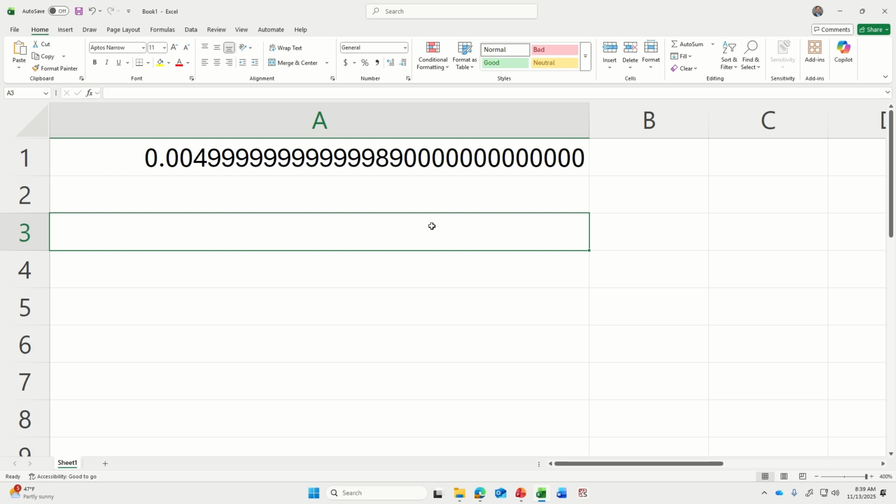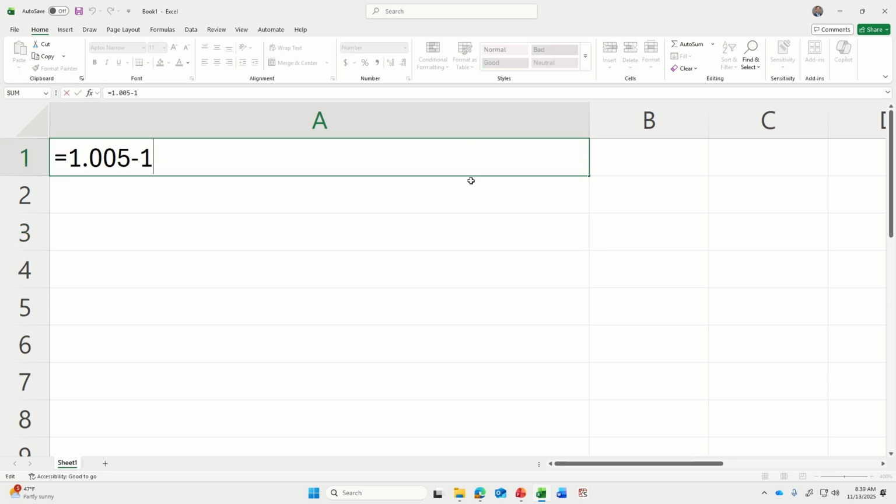But the reason for this, the reason why Excel gets this wrong, is because the number 0.005 is not a number that can be stored in computer memory. You have to select what real numbers you're willing to represent on your computer memory with ones and zeros and your physical transistors. And you can't store them all, right?